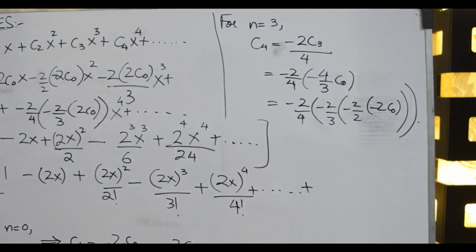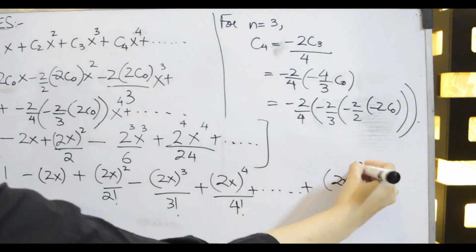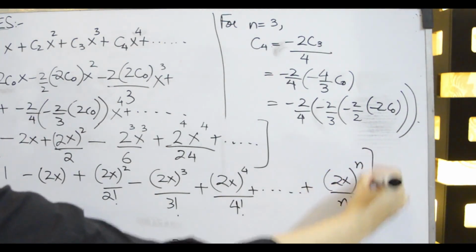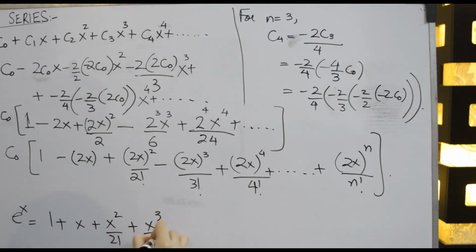And if I take the generalized term, that will be 2x to the power n divided by n factorial. So, e to the power x has the series 1 plus x plus x square by 2 factorial plus x cube by 3 factorial and so on, x to the power n by n factorial.